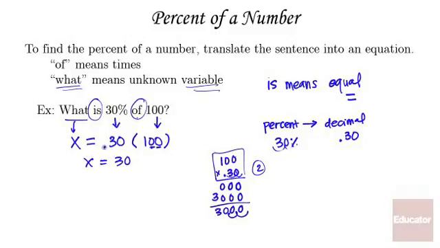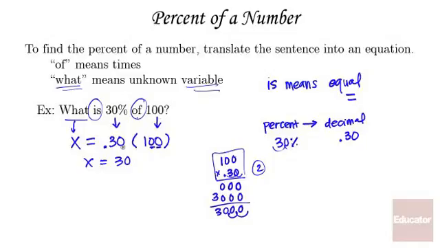Then you're going to move this decimal point 2 spaces. Since you're multiplying, the number tends to get bigger, right? So you're going to go 2 spaces to the right, because moving the decimal point over to the right makes the number bigger. So you're going to go 1, 2, and then that's going to give you 30. And remember, if you don't see a decimal point, it's always at the end right there.